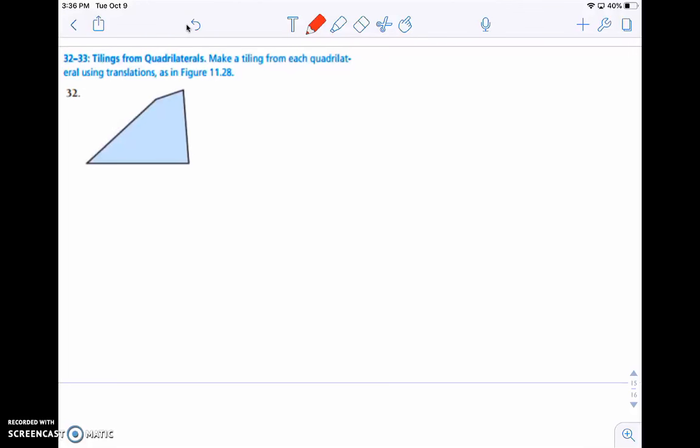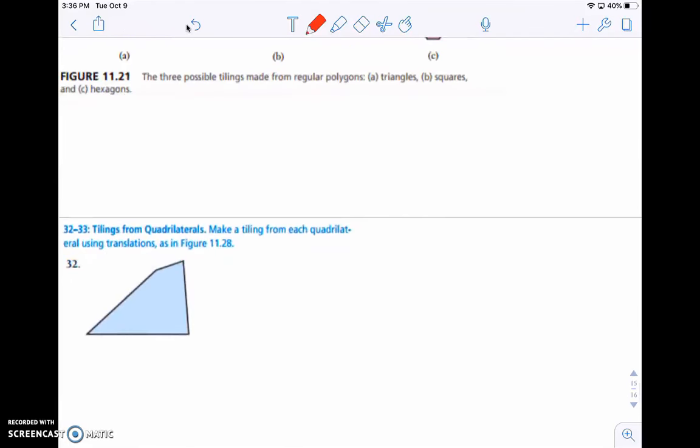When I have done tessellations in the past, usually I pick my shape and cut it out, and then I just slide it around. One that I made was a square, and then I cut out this piece right here and stuck it on the end. So it's just a very basic type of figure.